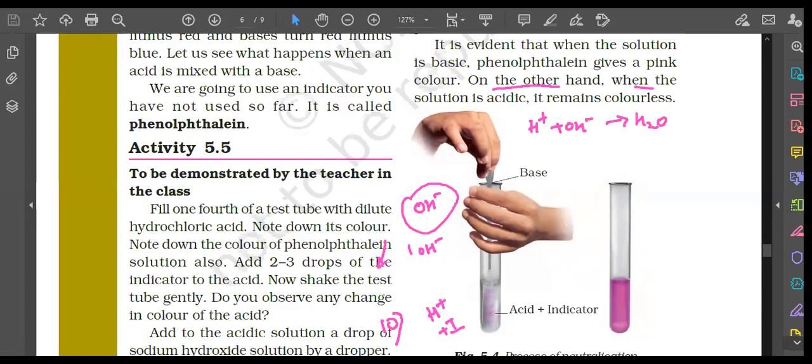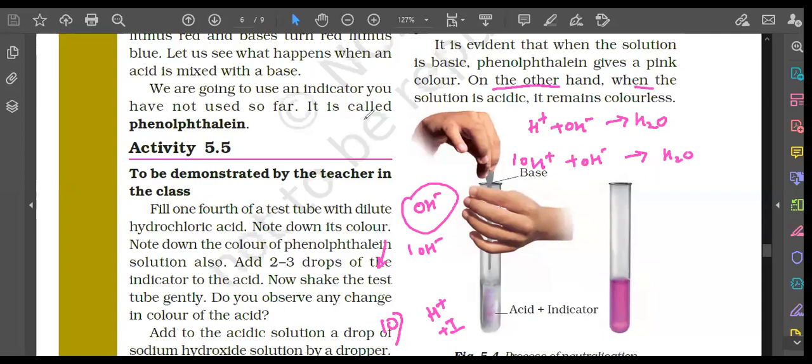Now we had 10 H plus, and then you're adding one OH minus, right? So one H plus and one OH minus will combine to form one H2O, right?